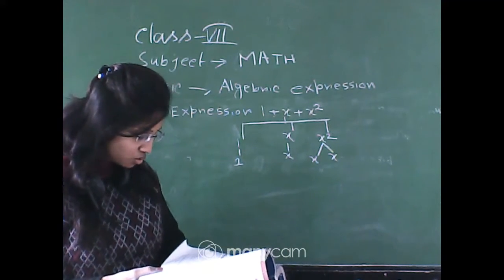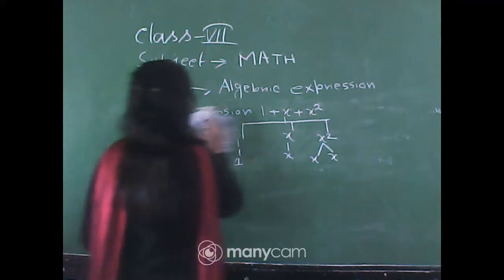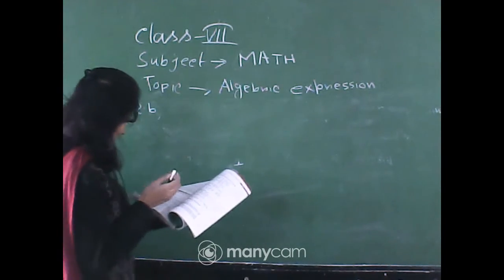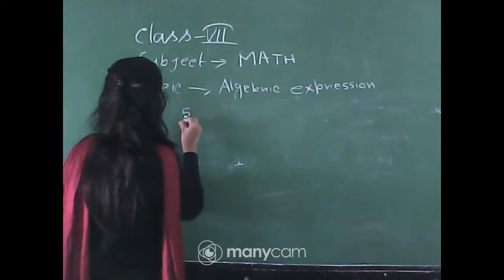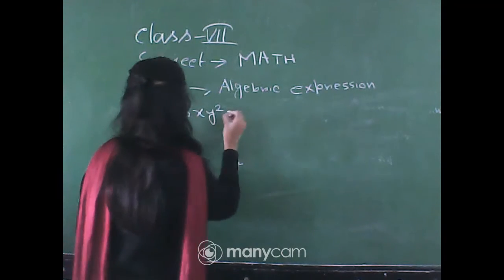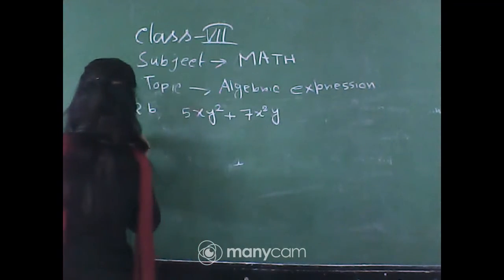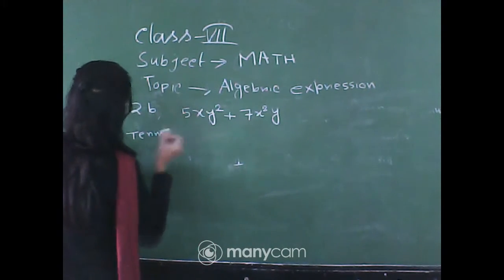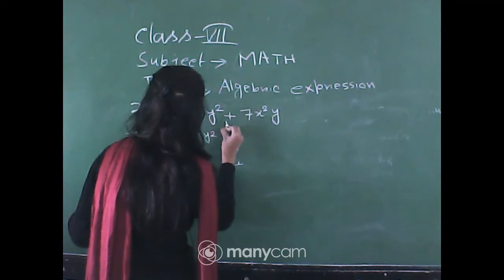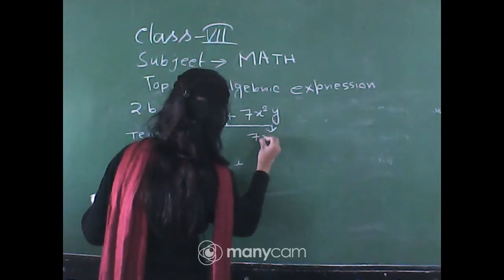Then the next question 2d. Consider the algebraic expression 5xy square plus 7x square y. Therefore, terms of this algebraic expression are 5xy square and 7x square y.